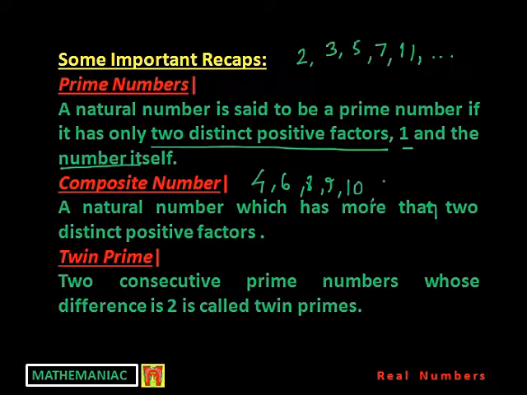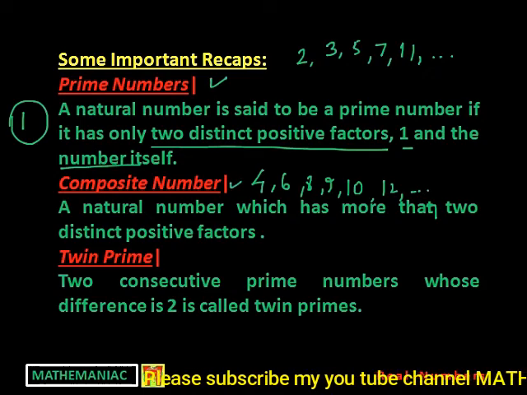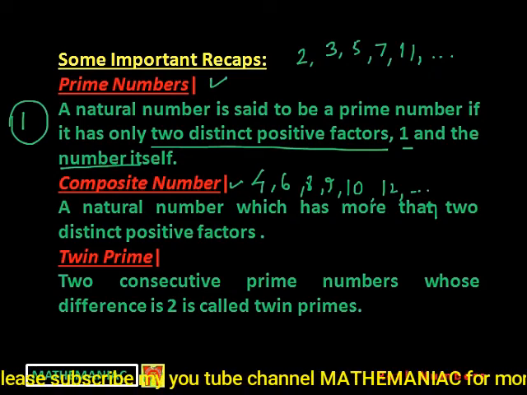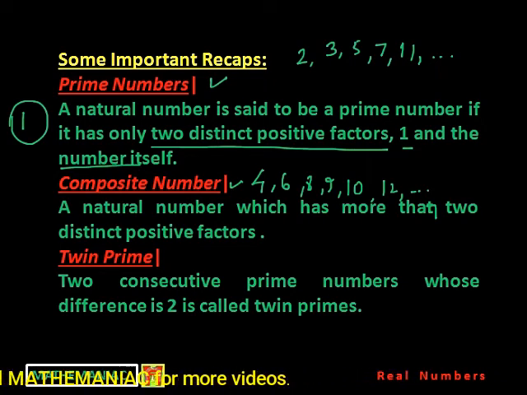Then your 10 will come, then 12, etc. Some of the students sometimes in a hurry say that those numbers which are not prime are composite, but that will not be correct, because there is a very special number 1. It is neither in the category of primes nor composite. So 1 is neither a prime nor a composite. So you cannot say that composite numbers are those numbers which are not prime.